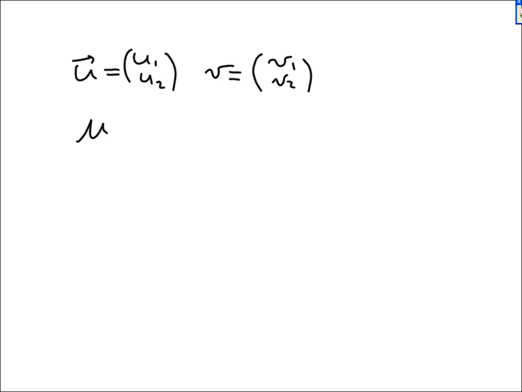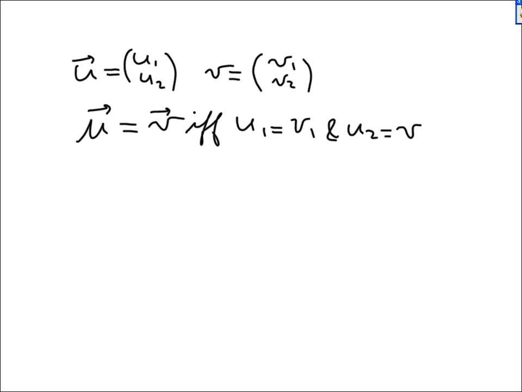Can't rotate it. Now, if vector u is equal to (u1, u2), and vector v is (v1, v2), vector u is equal to vector v if and only if u1 equals v1 and u2 equals v2.